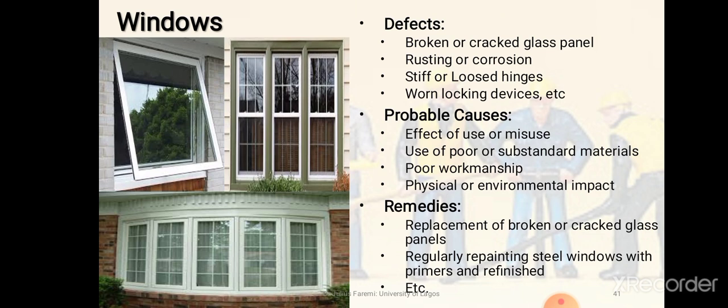However, predominant defects in windows include broken or cracked glass panels, rust or corrosion in window frames, stiff or loose hinges in windows, as well as worn out locking devices and components.